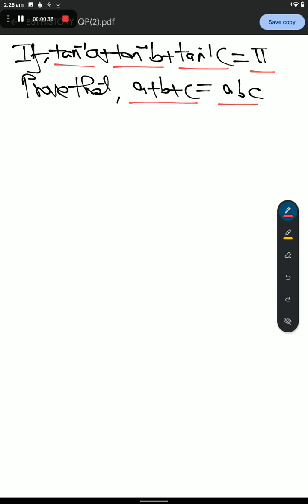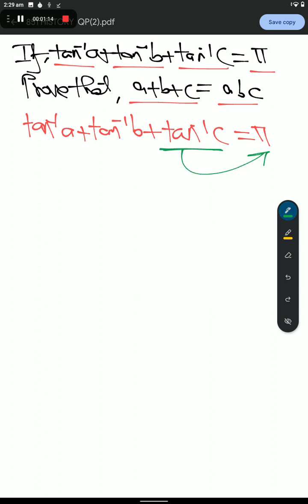Let us just write the first equation. So we have tan inverse A plus tan inverse B plus tan inverse C as pi. This is obviously a problem from inverse trigonometry. Whenever you have this type of problem, involving tan inverse, with two or three or more terms of tan inverse and a definite value given at the end, the best thing you can do is take the last term to the other side of the equal to sign.